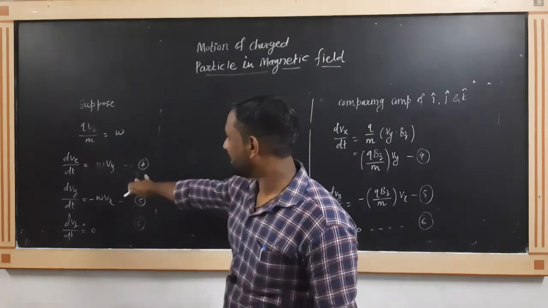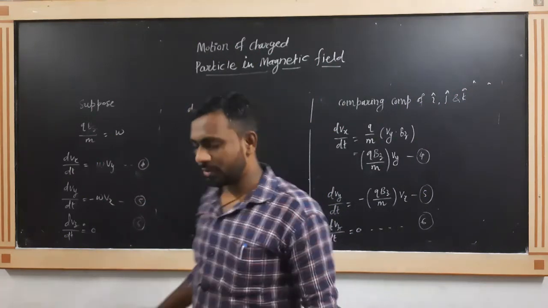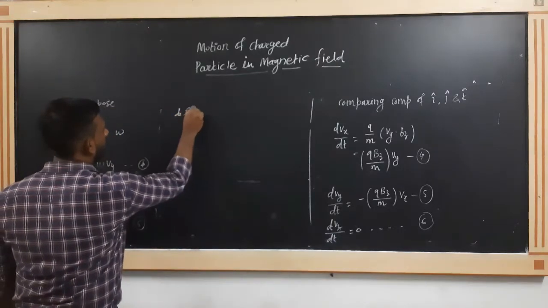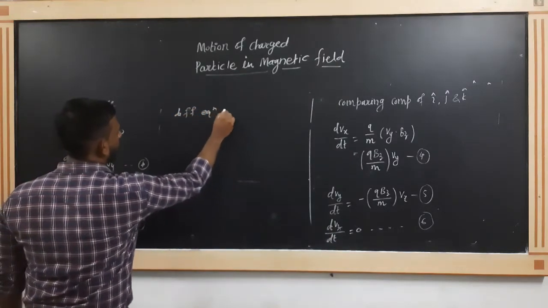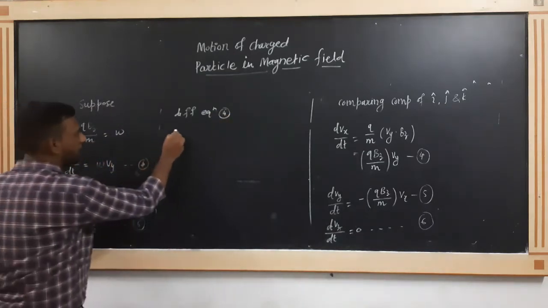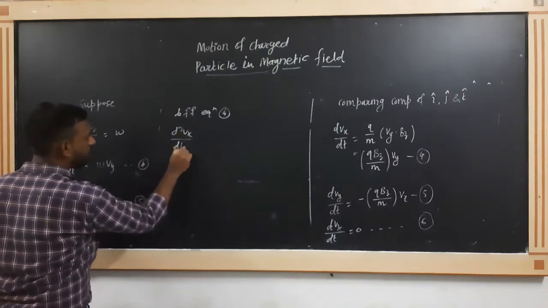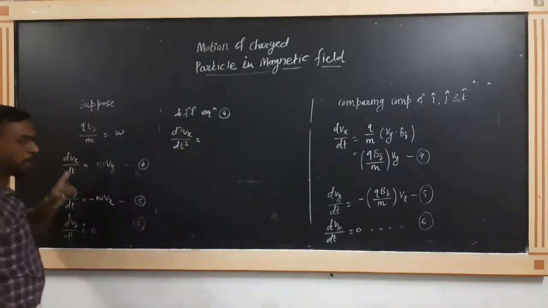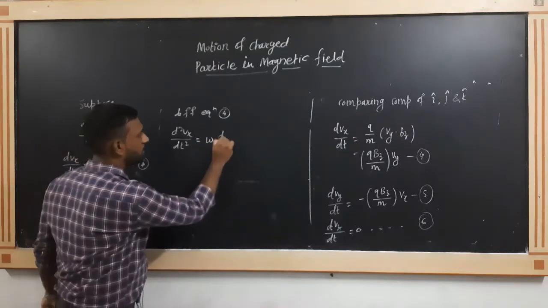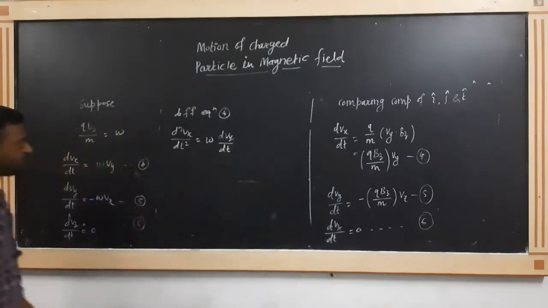So differentiate equation 4. If we differentiate equation number 4, we have d2 vx by dt square is equal to omega, a constant, keep it as it is, times dvy by dt.